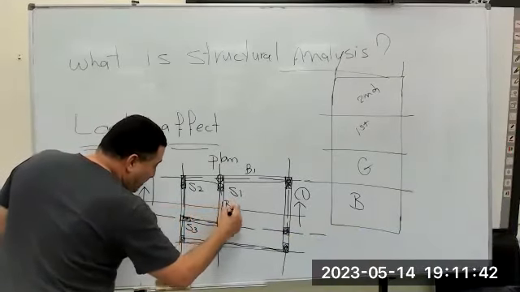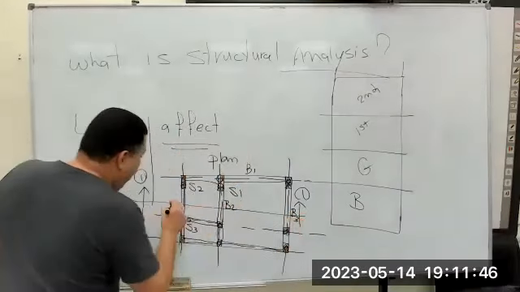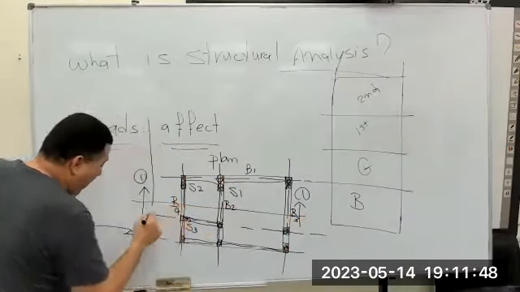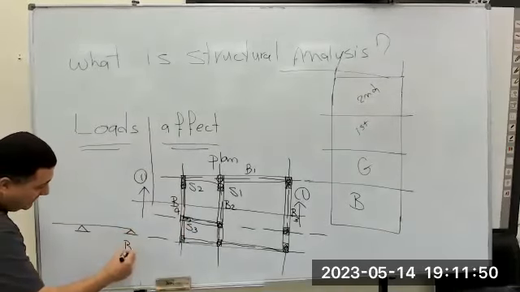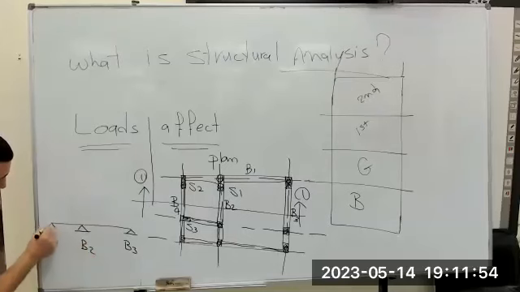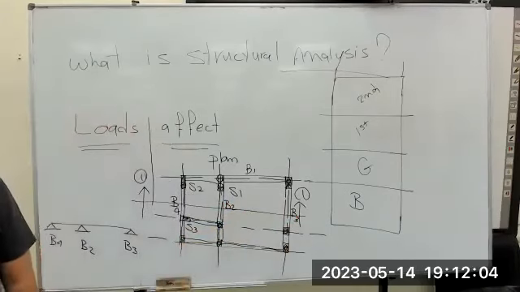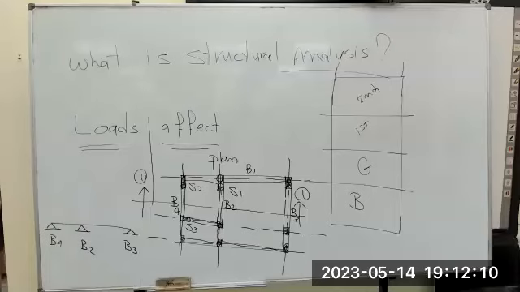This is beam 2, beam 3, beam 4. So I have loads. How will these loads transfer to the beam?